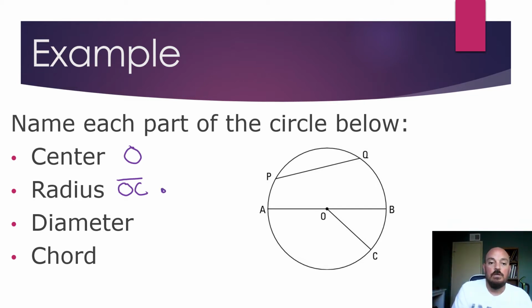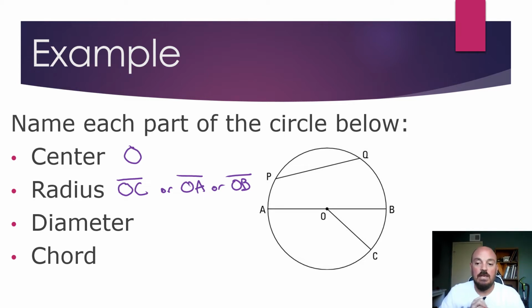So you could also say OA or OB. All 3 of those are radii in this picture that you're looking at. OC was the first one that I noticed because the diameter I'm going to use as the answer to the next one, but it's not wrong. Any 3 of those are a radius of the circle.